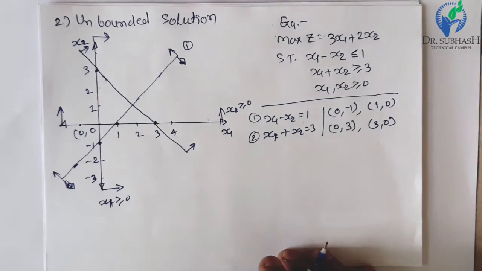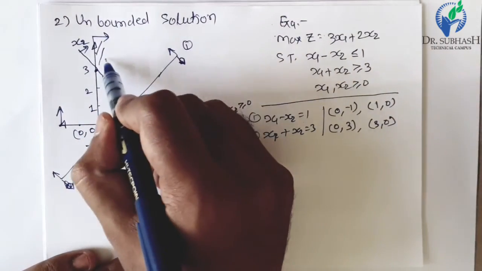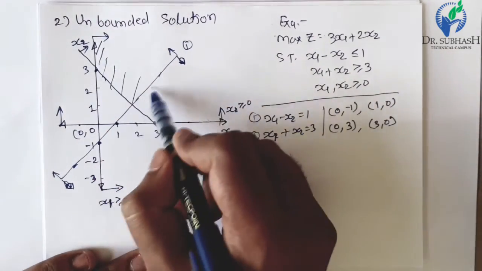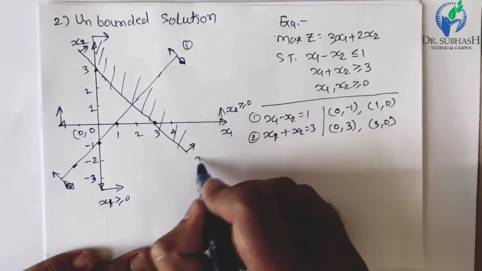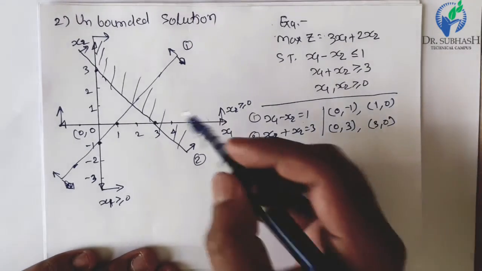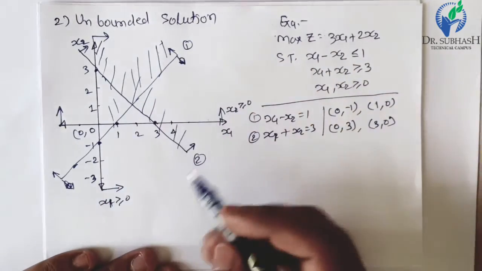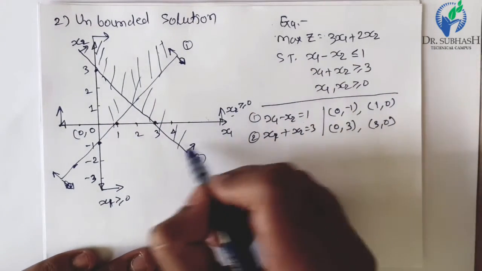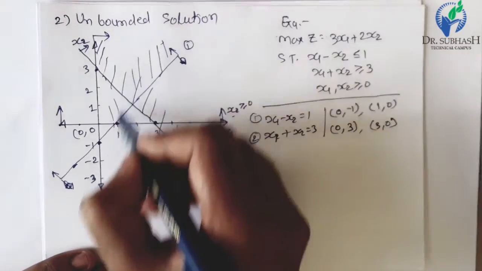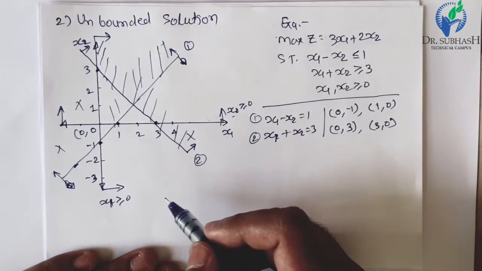So from these equations we get the optimum area like this. This is the area according to constraint number 2. And according to constraint number 1, the solution will lie in this area. According to x2, this area does not contain any solution, and according to x1, this area does not contain any solution.